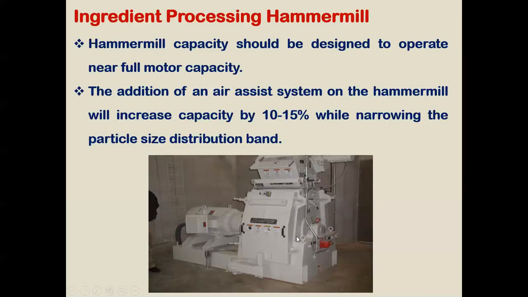Both are attached together, and by that way the grinding takes place in the hammer mill. This hammer mill may be of different capacity. It depends on the capacity per metric ton production of the particular feed unit.